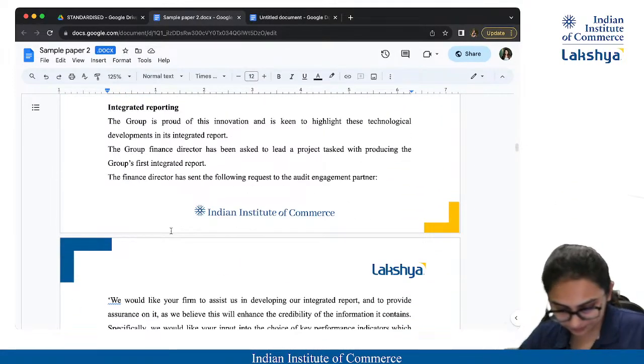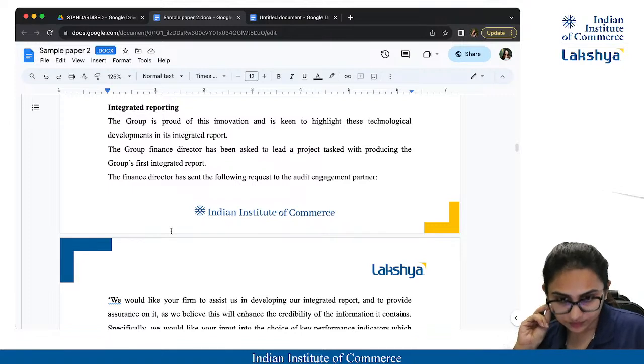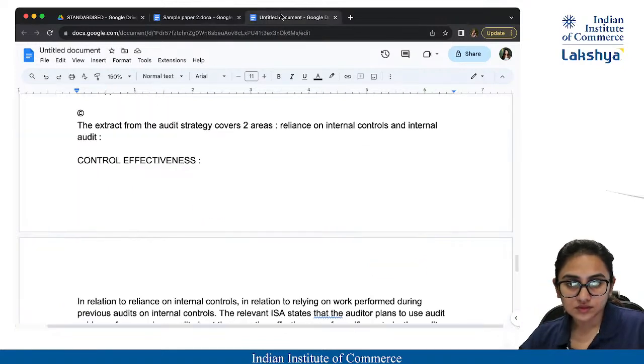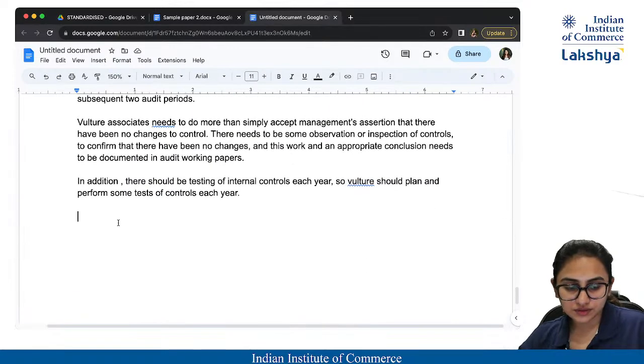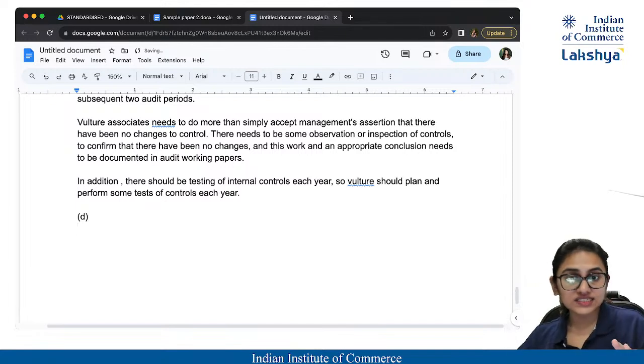Integrated reporting. So what can be done for integrated report? So you can start the answer with, this entirely is an email, by the way.